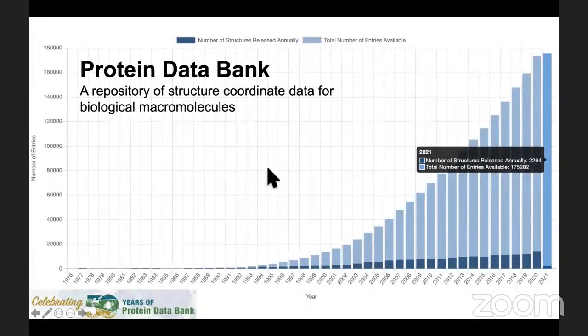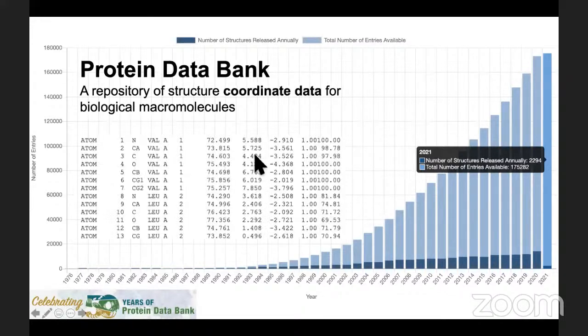So these structured data are archived and accessible in a database called the Protein Data Bank. So this is basically a repository of the structure coordinate data for biological macromolecules. And as I mentioned, they are coordinate data. So basically, they are stored in the form of Cartesian coordinates.